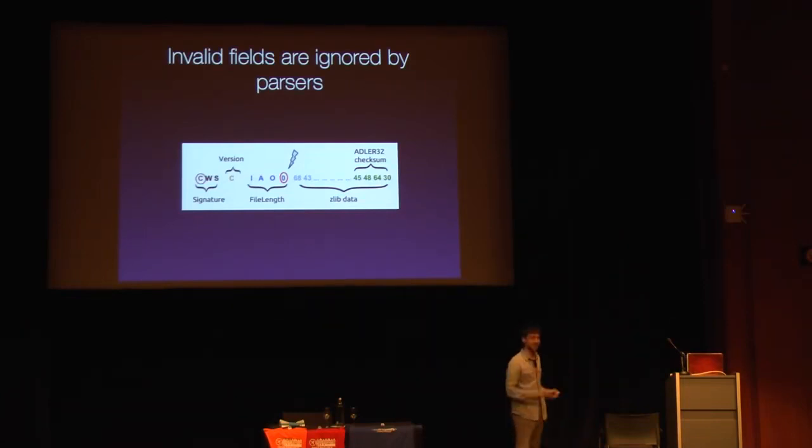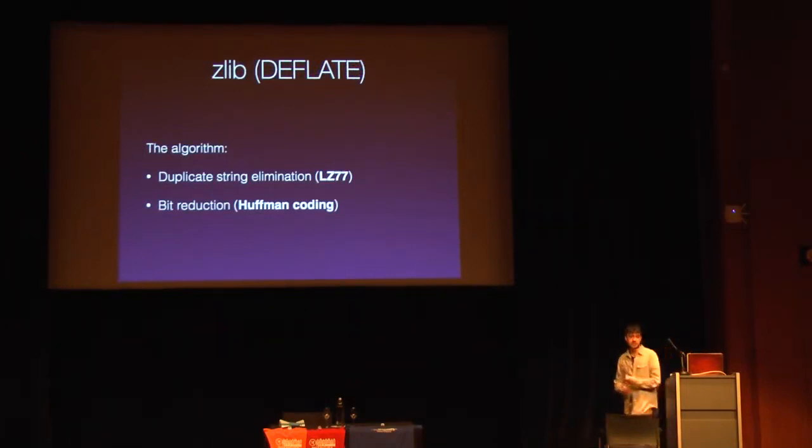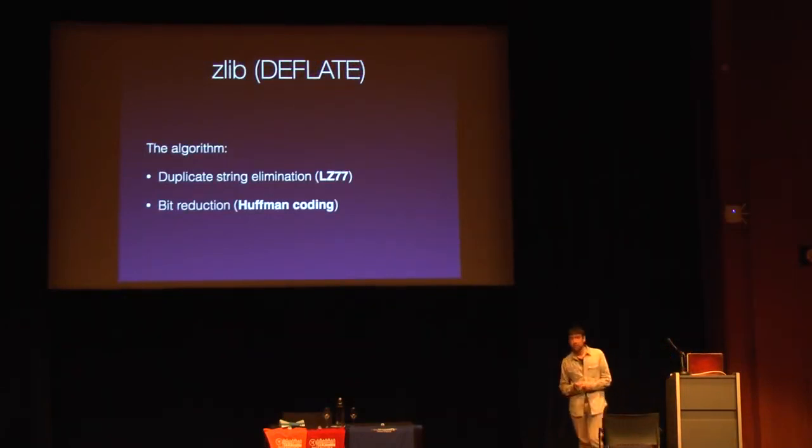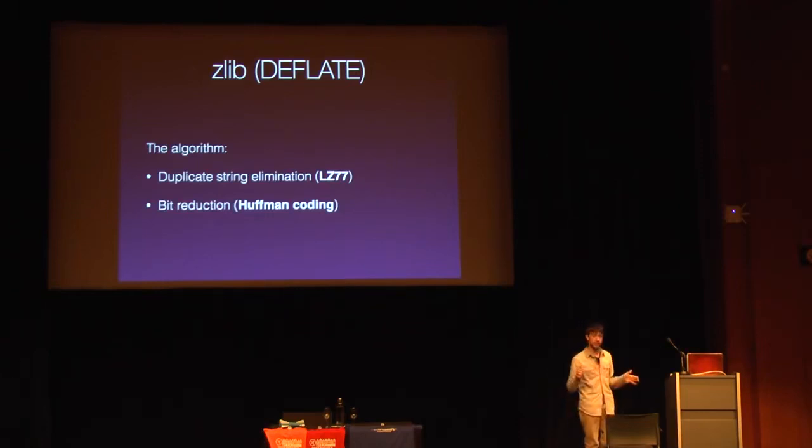And the checksum has to be alphanumeric. So it's a difficult problem. Basically, deflate does two things: duplicate string elimination and bit reduction. I really don't want to spend time on the details of deflate, because I think they would take away a bit from the big picture.